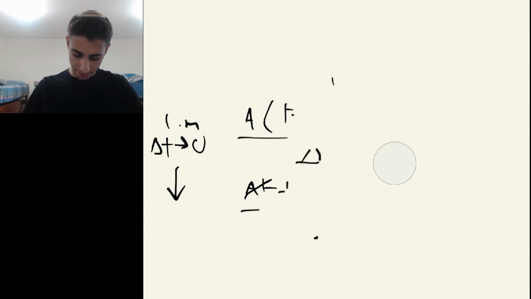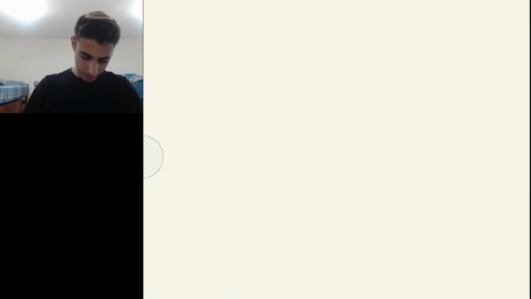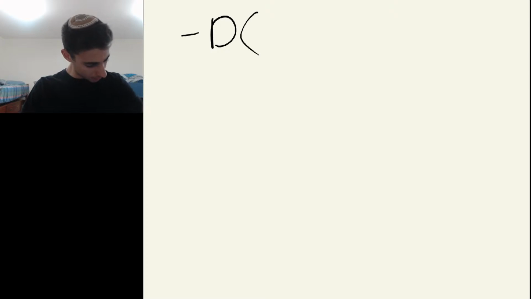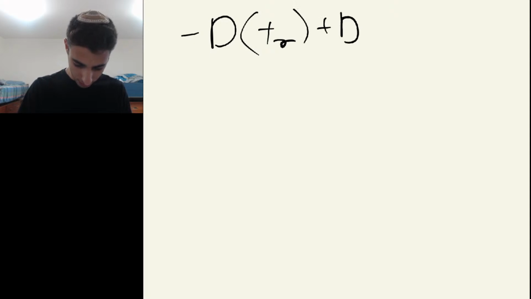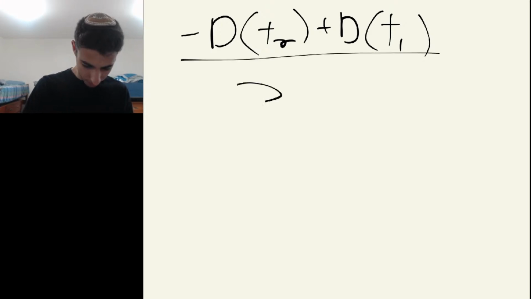So again, we have negative d times t sub 2 plus d times t sub 1, all over t sub 2 minus t sub 1.